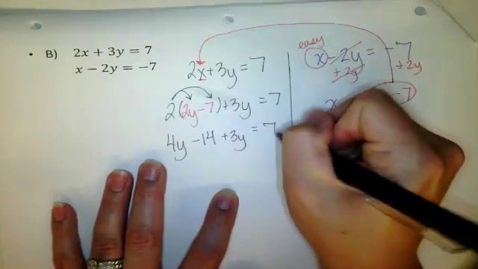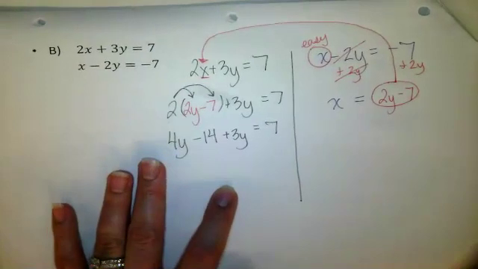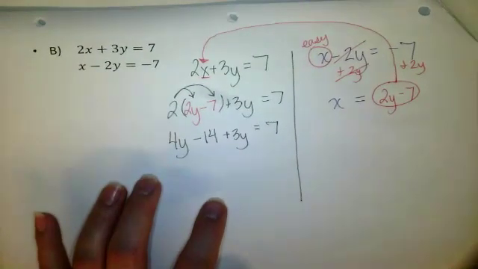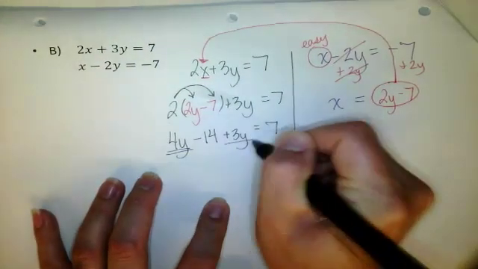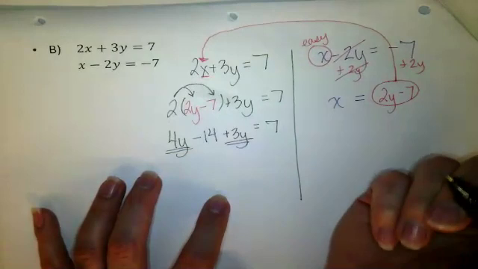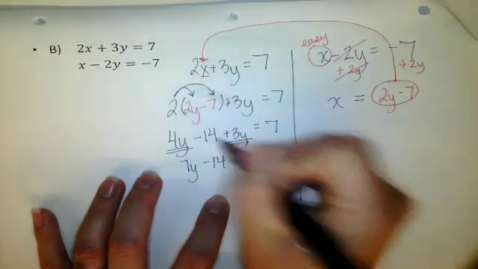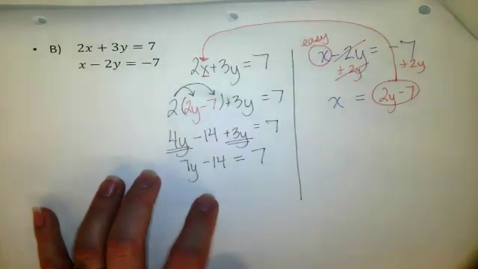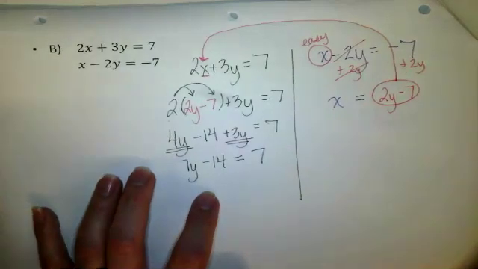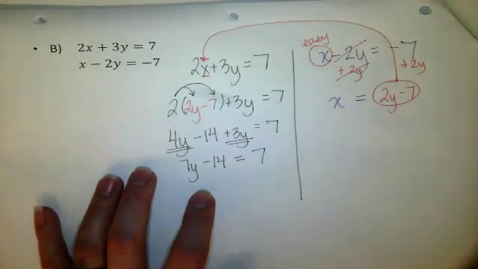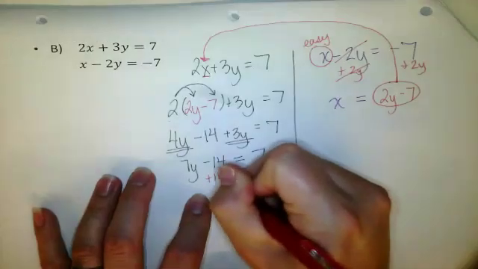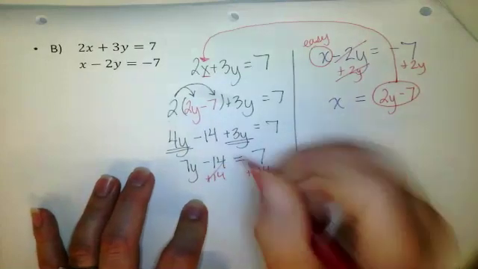Don't forget to write the rest of the equation. Plus 3y equals 7. Now what should we do? Combine like terms. 4y plus 3y is 7y's. Minus the 14 equals the 7. And now we can isolate the y. What should we do first? Add 14.